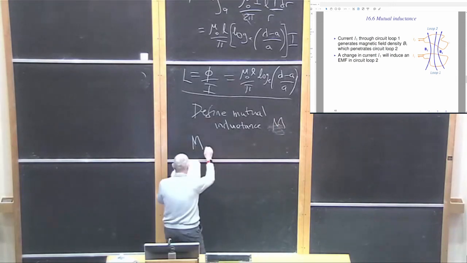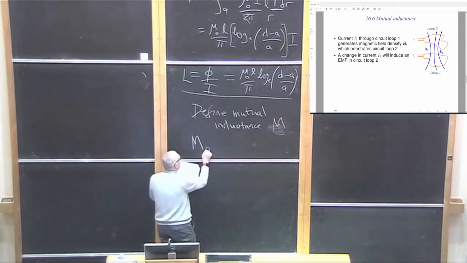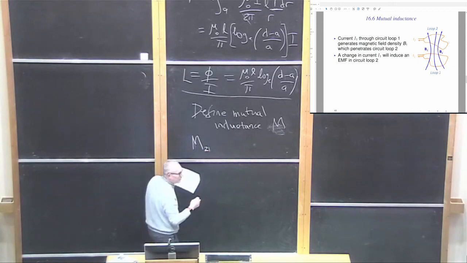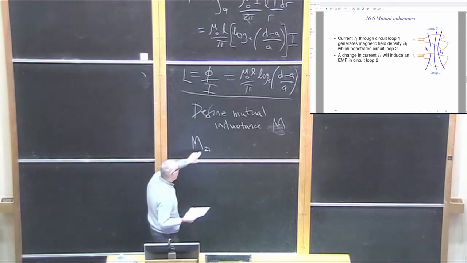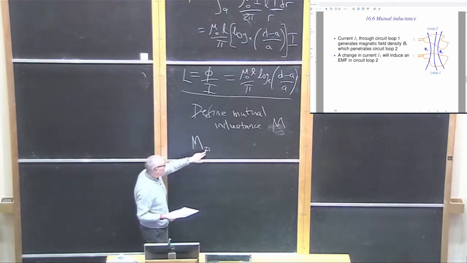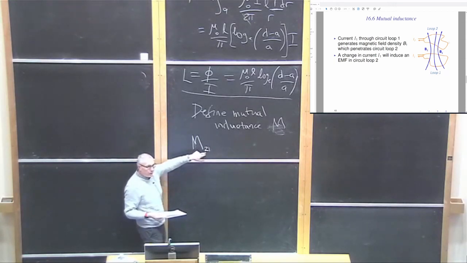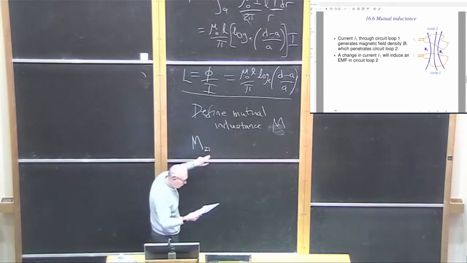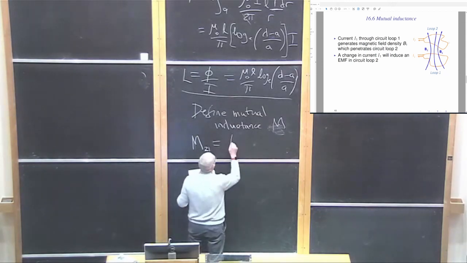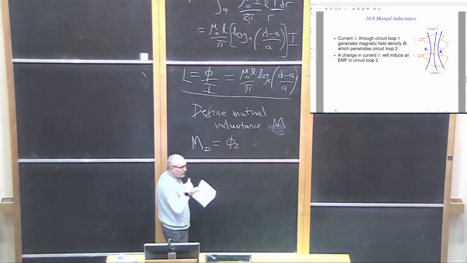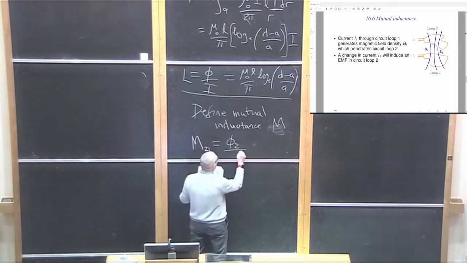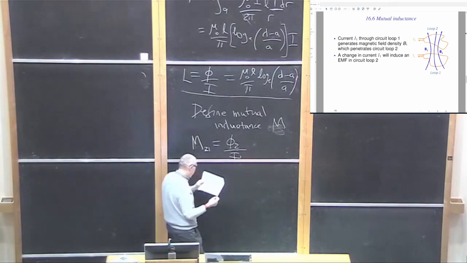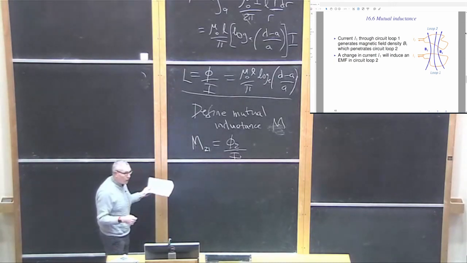The first definition, well, it's actually an equivalent definition, is the mutual inductance M in loop or circuit 2 due to a change in circuit 1, which is the flux linked in circuit 2 divided by the current in circuit 1.